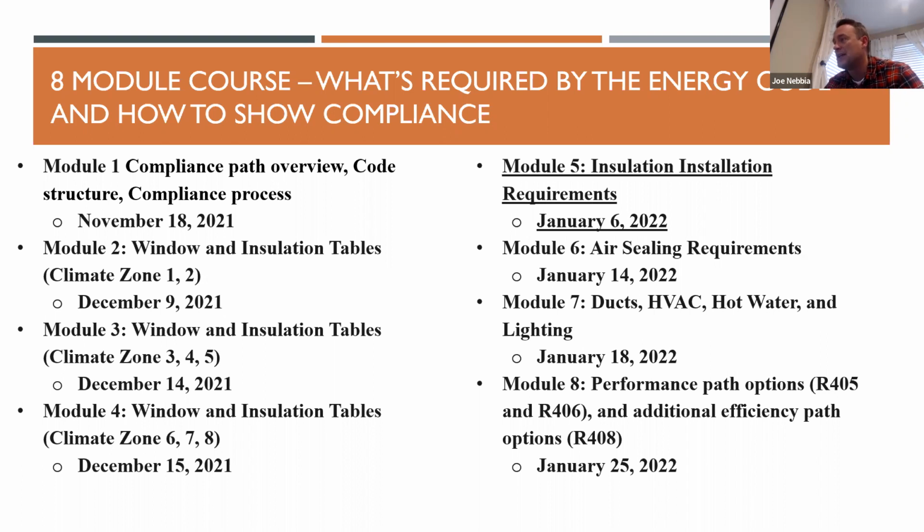Today is on insulation installation. And the next few modules, next week we have air sealing requirements. Then following that, we'll have mechanical systems and lighting. And then the final module will be on alternative compliance paths, performance paths, and those sorts of things. So I'm excited to talk to you about this today.